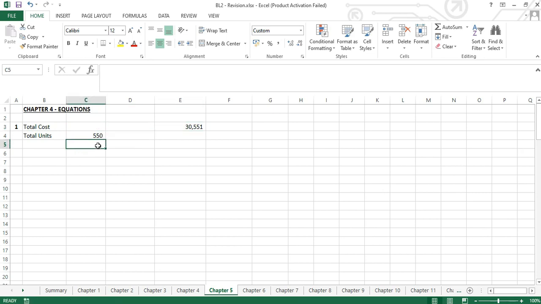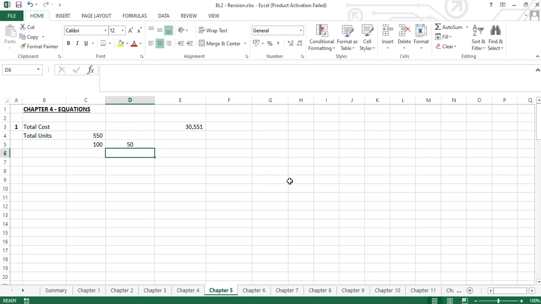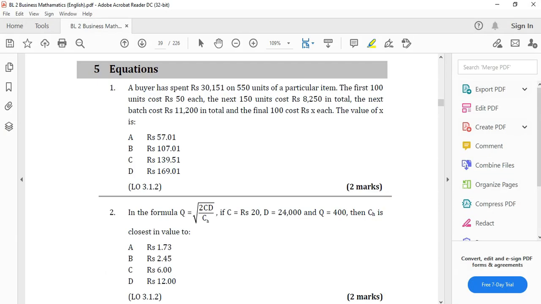How is that? The first 100 units cost 50 rupees each. Then what will be the total cost? 100 into 50. The next 150 units cost 8,250.